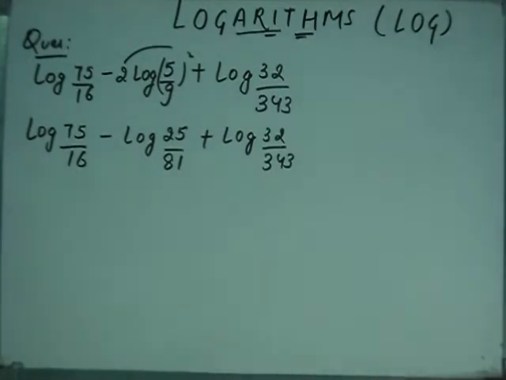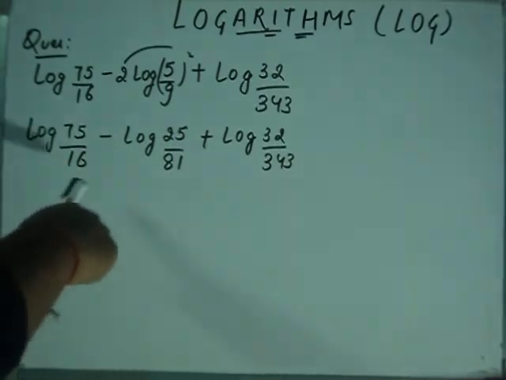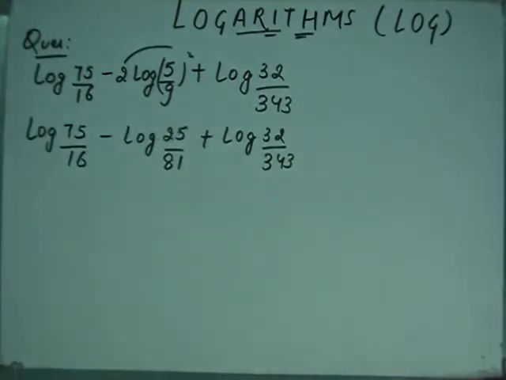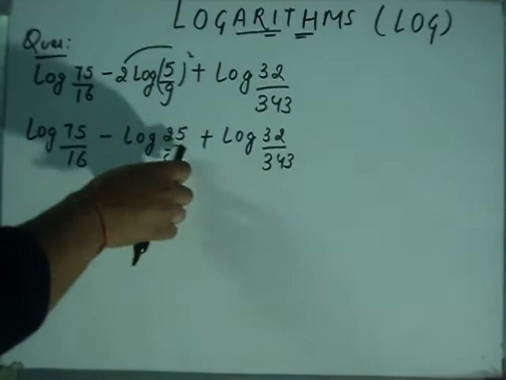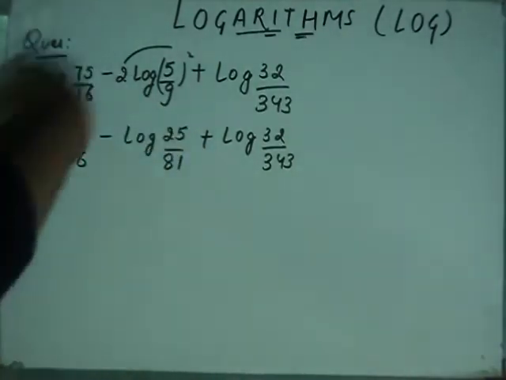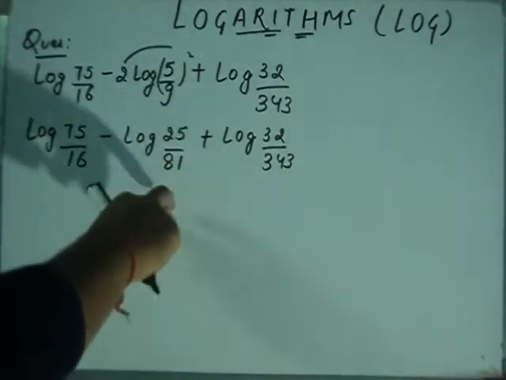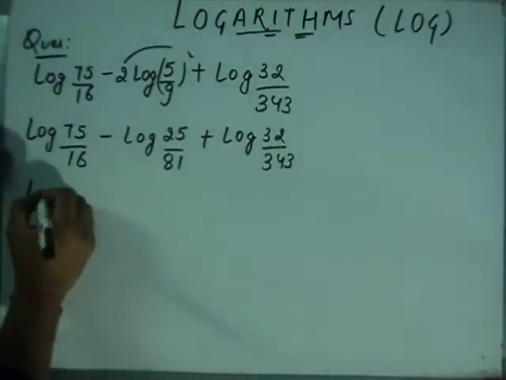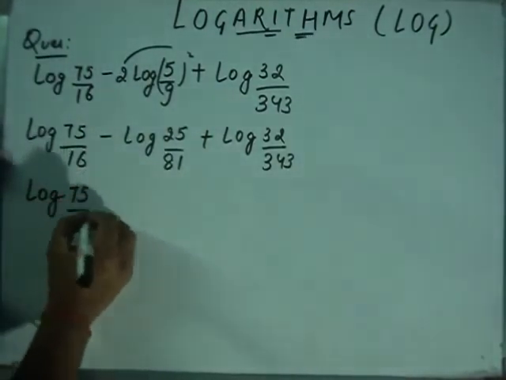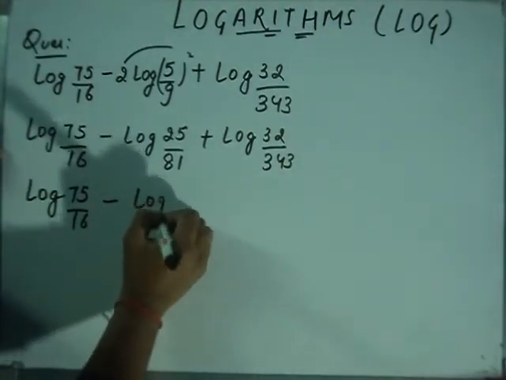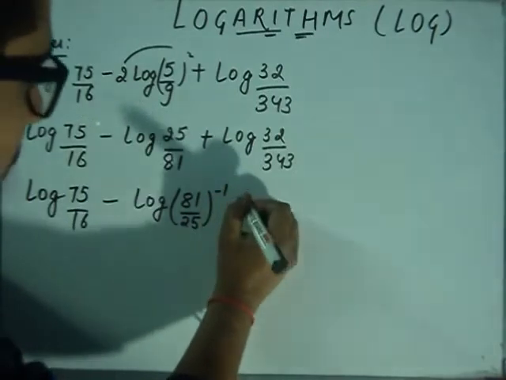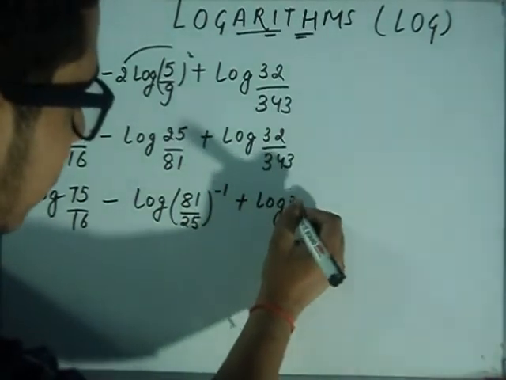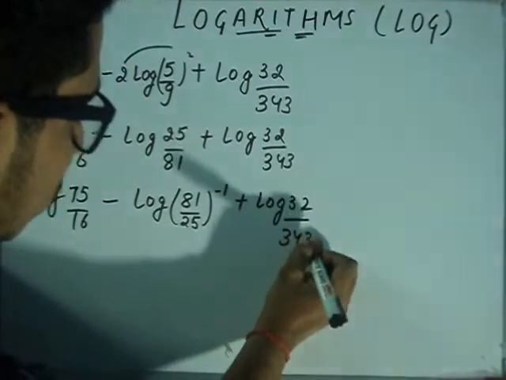So when our base is the same, what we can do is, here there is a minus sign. What if I change this value and this value in reverse? It will be like this: minus log 81 divided by 25 to the power minus 1, plus log 32 divided by 343.